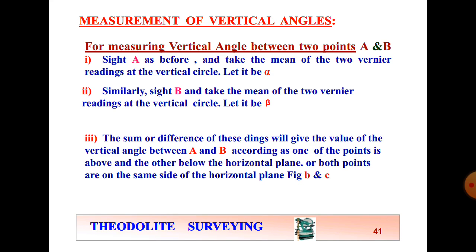Similarly, bisect point B and take two readings, and the average value of the two readings gives the value, say beta. Now the sum or difference of these will give the value of the vertical angle between A and B, according to whether the points are above or below the horizontal plane, or both points are on the same side of the horizontal plane. In the figure you already saw B and C.